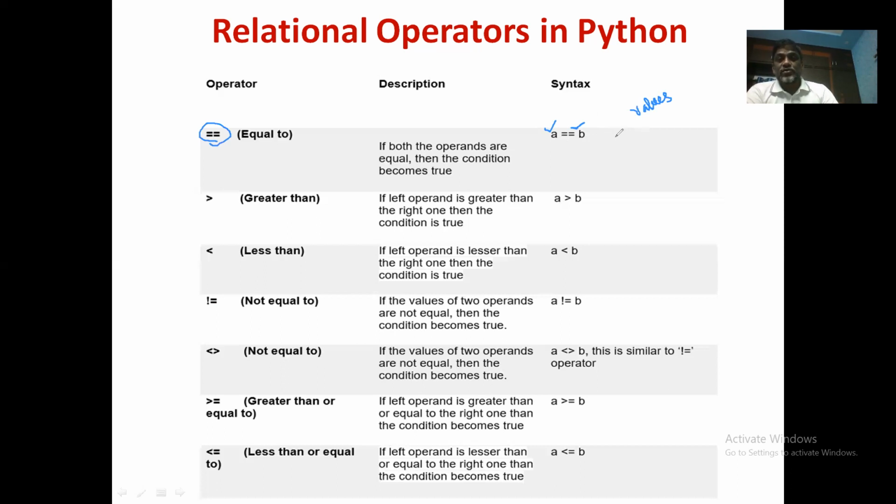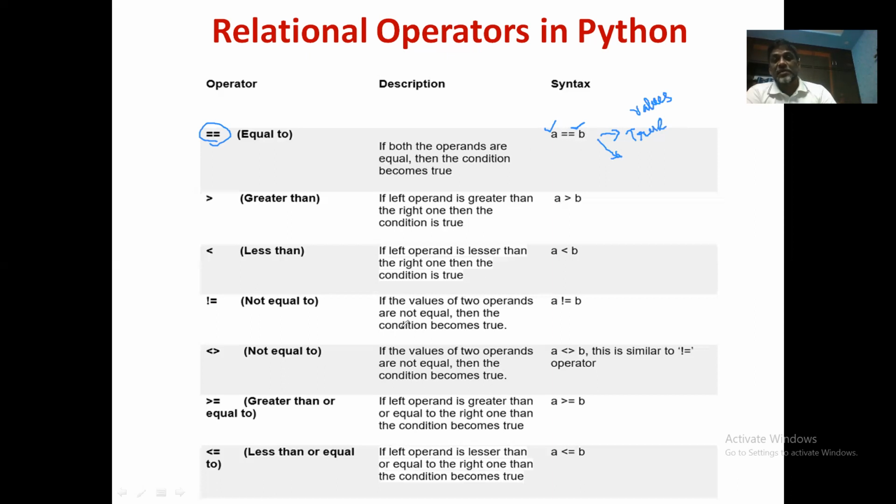Okay, so relational operators return either true or false only. They always return either true or false. They cannot return any other value. Okay, only these two values are returned by your relational operators.